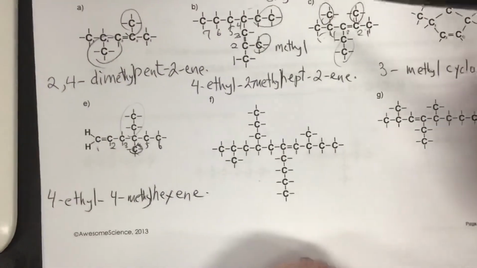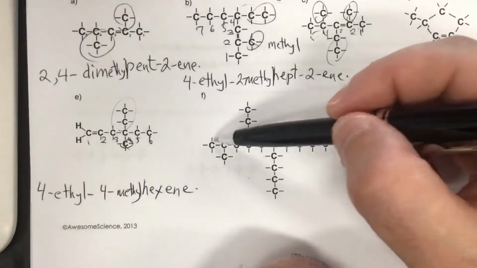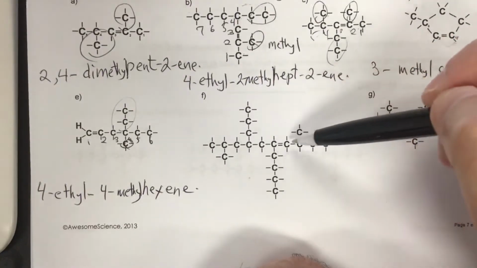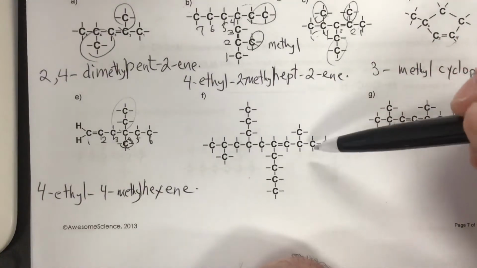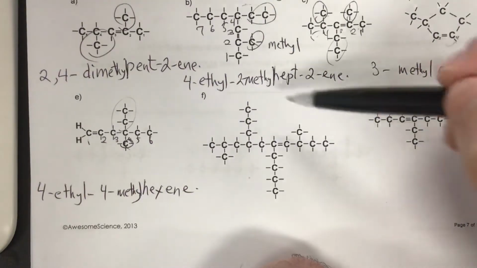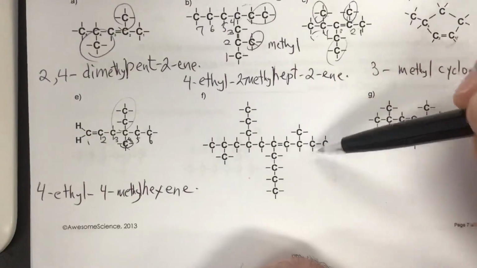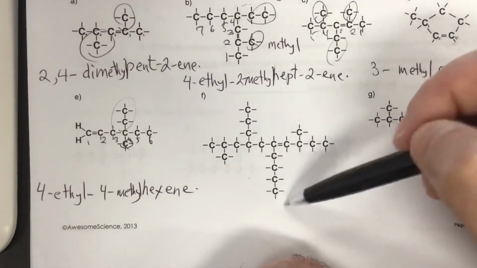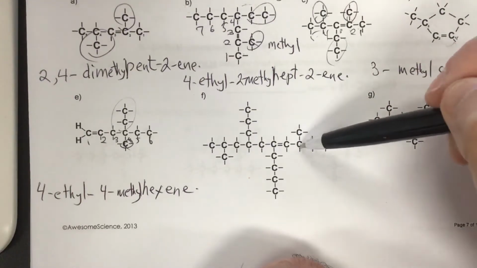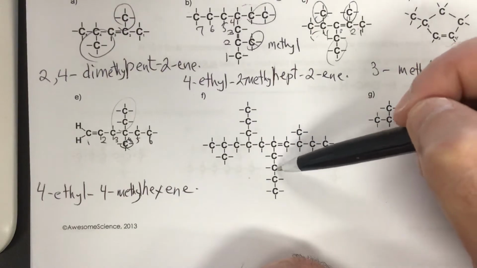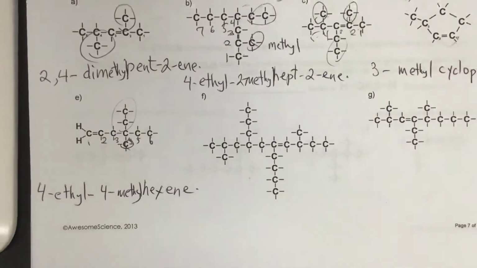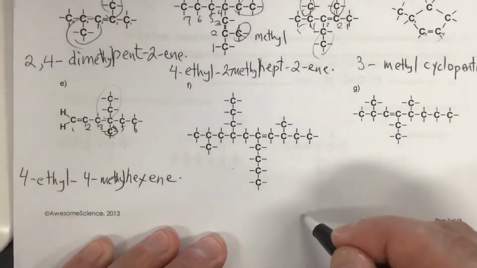Okay, this one is monstrous. Let's see, 1, 2, 3, 4, 5, 6, 7, 8, 9, 10. Ooh, 10, that's probably going to be the longest. But if I go like this, it's not going to contain the double bond. I guess the only other way is like this: 1, 2, 3, 4, 5, 6, 7, 8, 9. It's the longest chain. It's going to have dec.